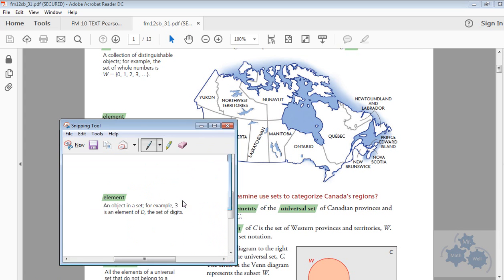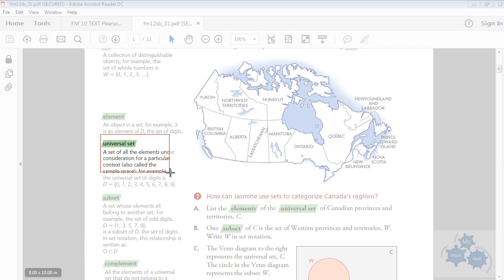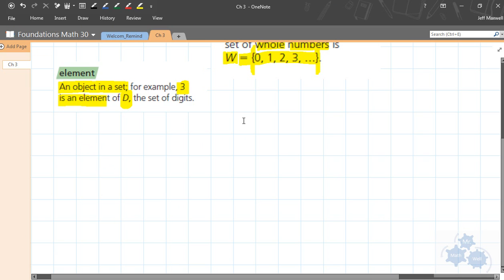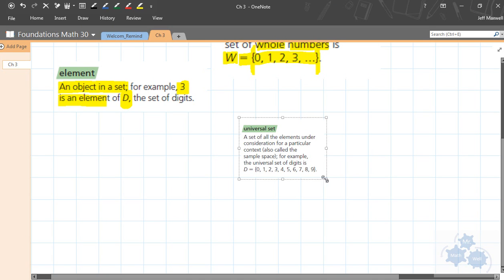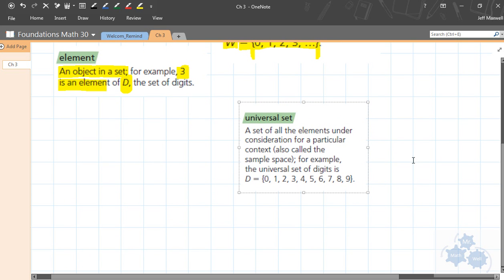You guys having fun? The universal set is the set of all elements under consideration for a particular context. Right? So it basically means every element, doesn't matter what set that element belongs to, or what subset the element belongs to.